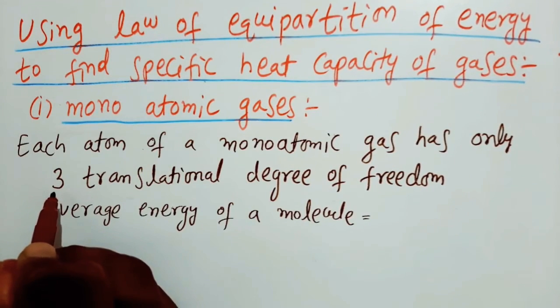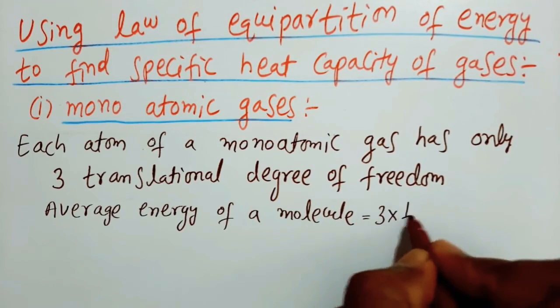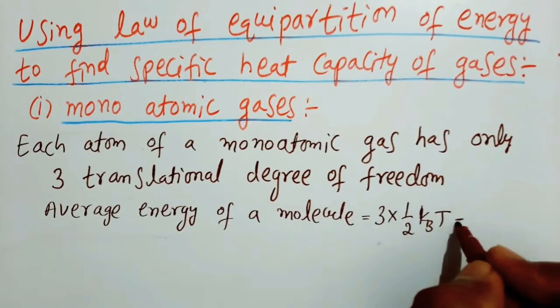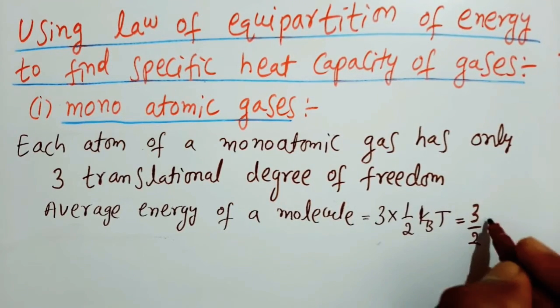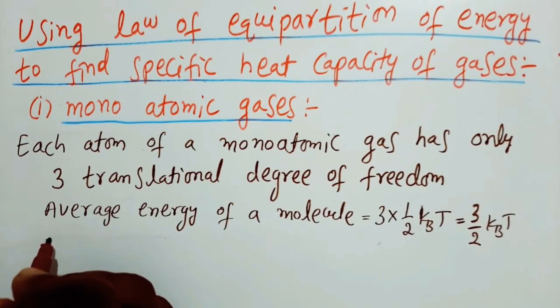Here it has 3 translational modes, that is 3 into 1/2 kBT, which equals 3/2 kBT. From this we can write the average energy of a mole.